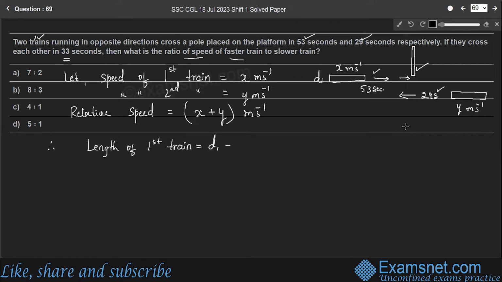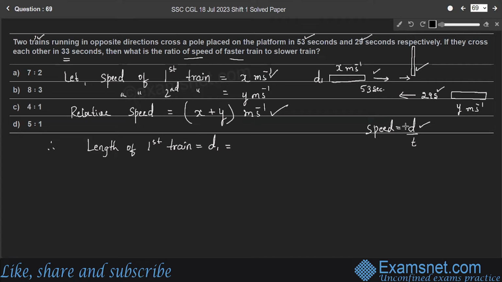Consider it as D1. So we know that speed is equal to distance by time, right? Here distance is nothing but the length of the first train, which is equal to speed into time. Here, what is speed? Speed of the first train into time, right?